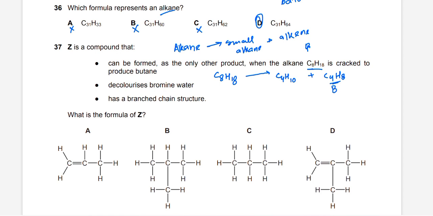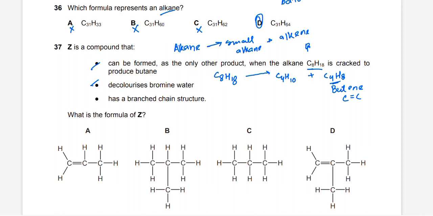This is butene, having a carbon-carbon double bond. It confirms that this product decolorizes bromine water. Unsaturated compounds decolorize bromine water.